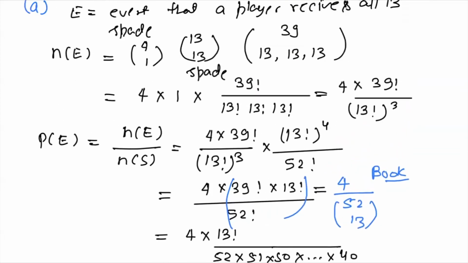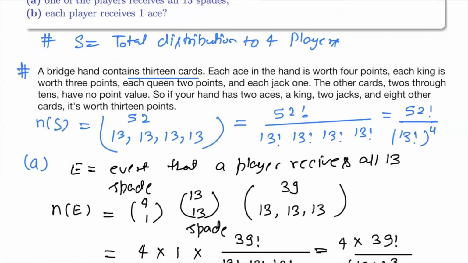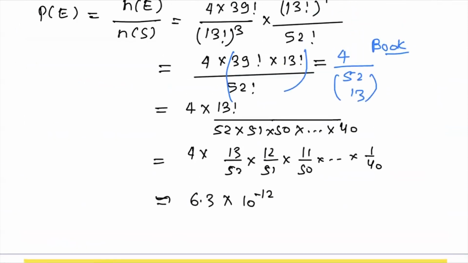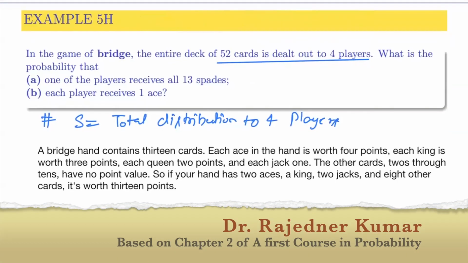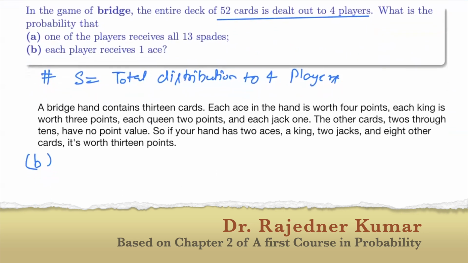Now in B part, what is the question? Each player receives 1 ace. So you need to find the probability if each player receives 1 ace. Let us start the B part here. We did the A part in the previous slide. Okay, so there are 4 players.